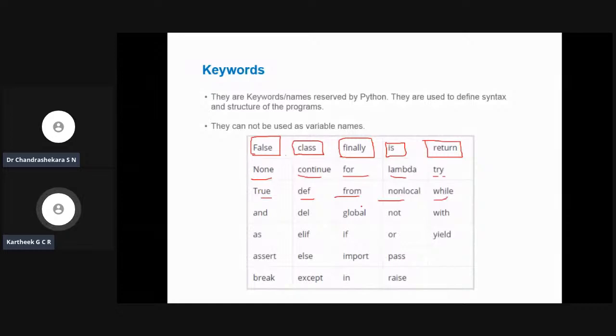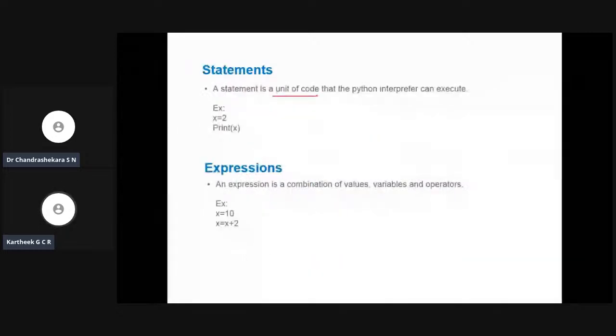Then comes a statement. We have already seen that a statement is basically a unit of code that can be interpreted. In this case, I have 1, 2, 3, 4, 5, 6 statements, right?